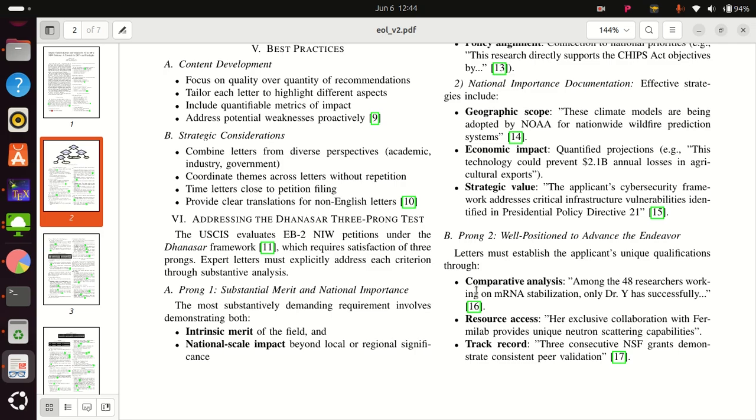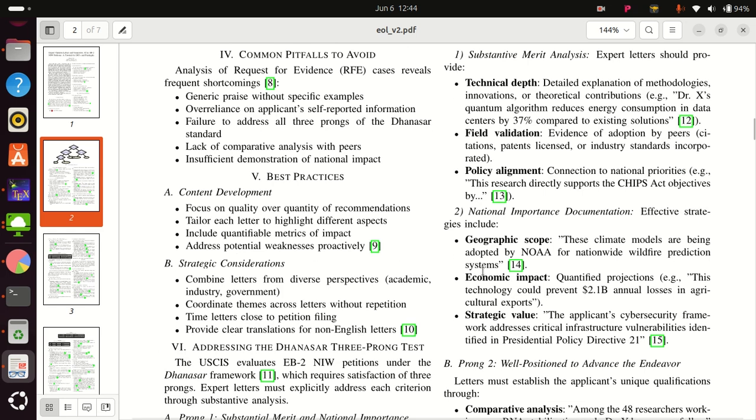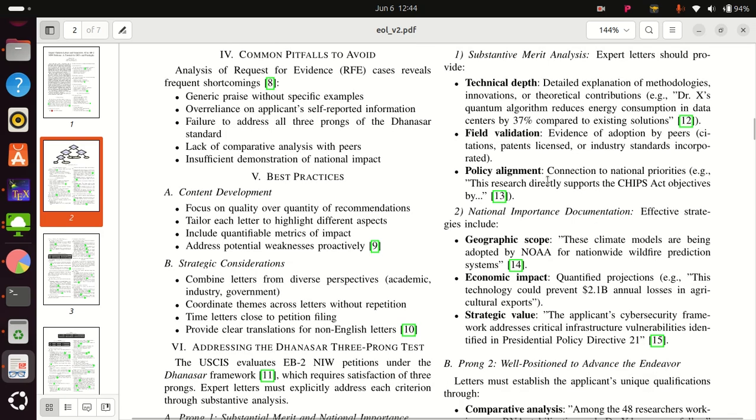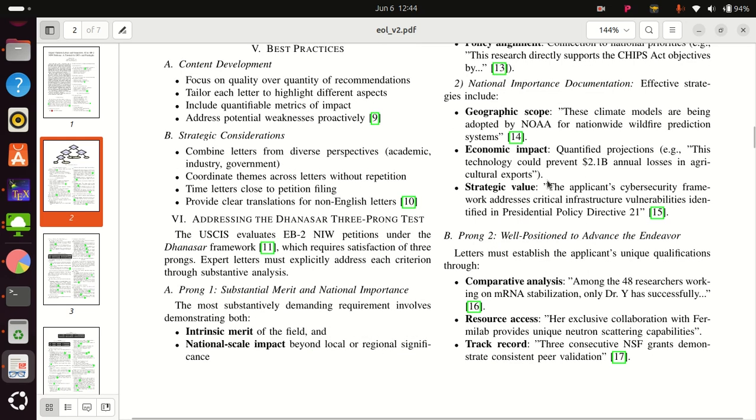You should add results, what you would do in the next 5 years, 1 year, and that should be addressed properly through the independent evaluation letter. That the substantial merit is good, which is that you will do these methodologies, you would reduce energy consumption, in the next 5 years you would train this many people, you would save this much amount of money and those kinds of things.